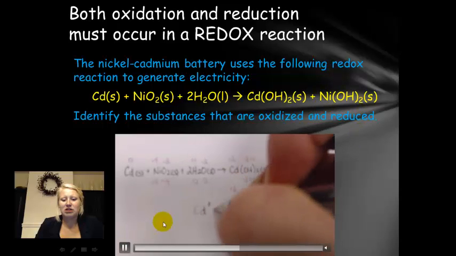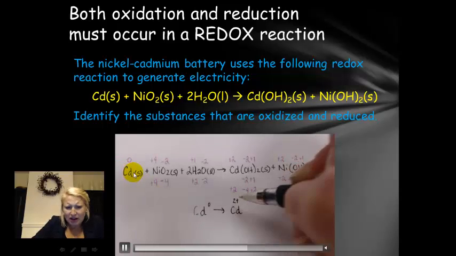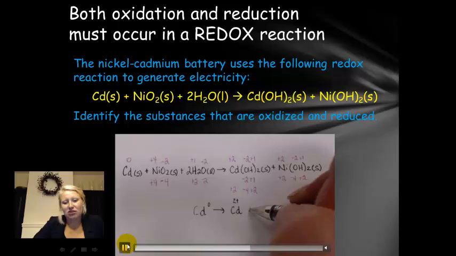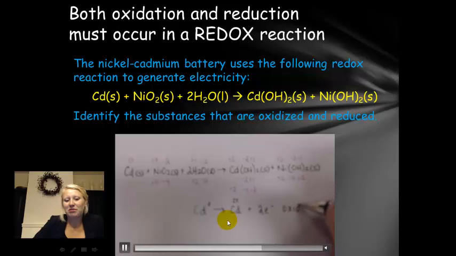So we can see that cadmium goes to cadmium +2, which means that it must have lost 2 electrons. So if it lost electrons, that means the cadmium is oxidized. Remember, OIL RIG.